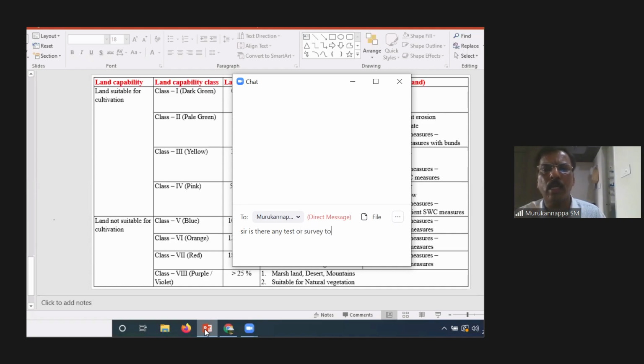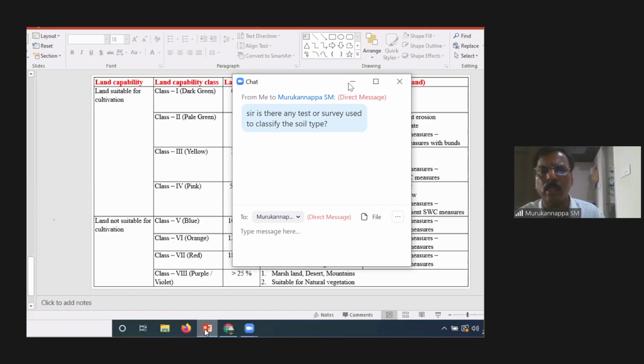Okay, see here, land is very level in the first category. In the second category, it needs some slight agronomical measures to conserve rain or to get a good yield from that area. The other things are moderate.